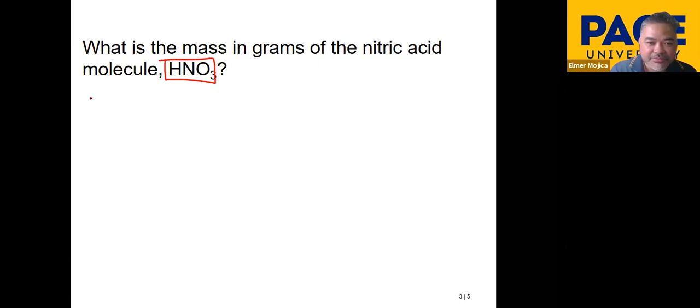Okay? So the molar mass of your nitric acid: this is 1, this is 1, this is 3, so this is 16, this is 14.01, and this is 1.008.